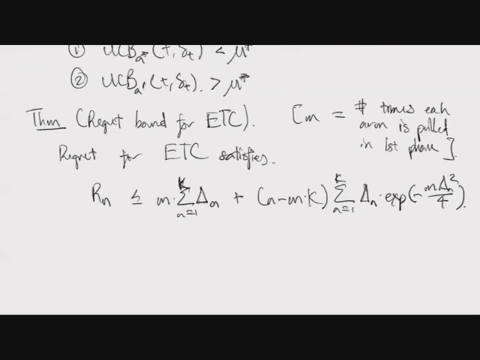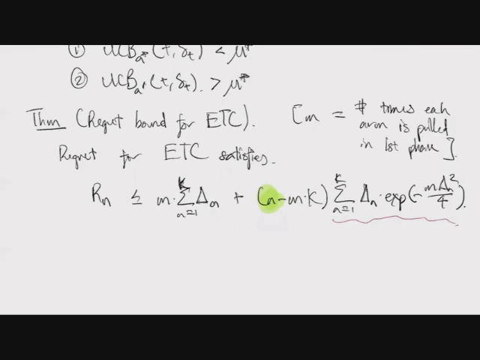Okay, so let's discuss this regret bound. The first thing to observe is that the dependence on n over here is linear. So n occurs by itself. As the time horizon becomes longer and longer, the regret is going to be some constant term times n.